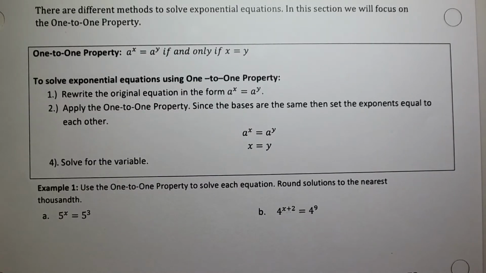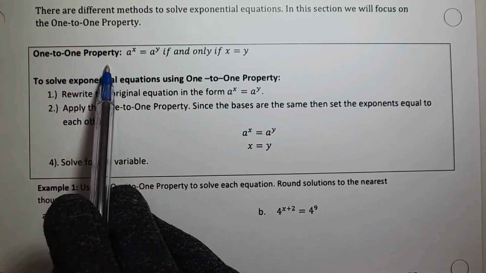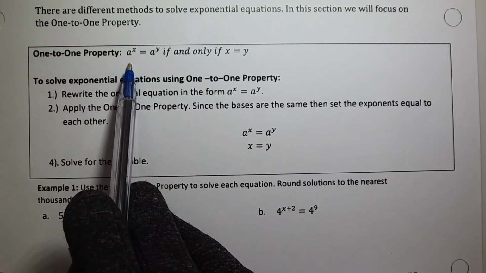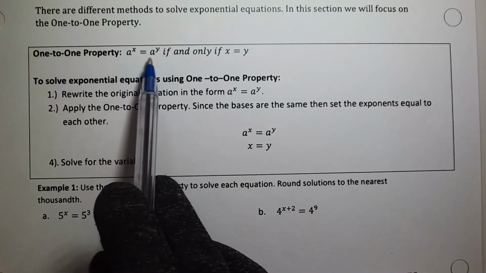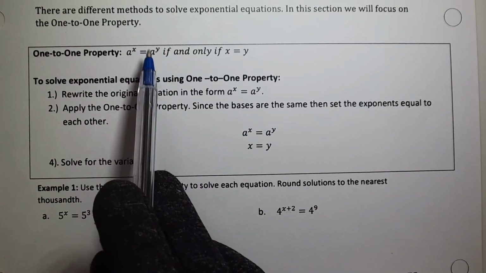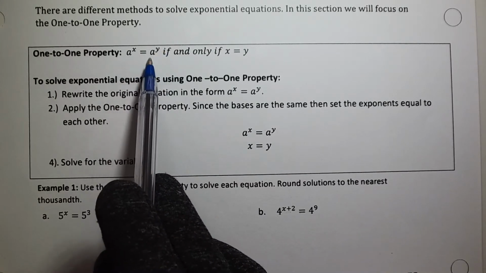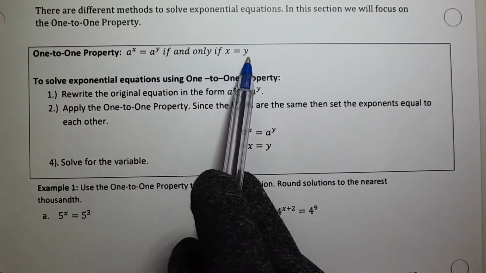To solve an exponential equation, we have different methods. One of those methods that we can use is the one-to-one property. In the one-to-one property, if we have two exponential forms with the same base, like a to the power of x equals a to the power of y, if the bases are the same, the exponents must be the same.